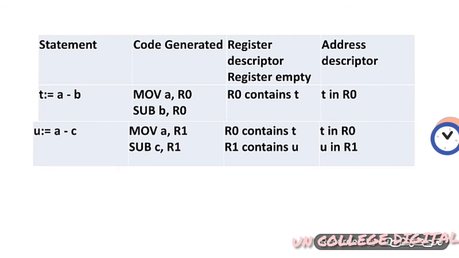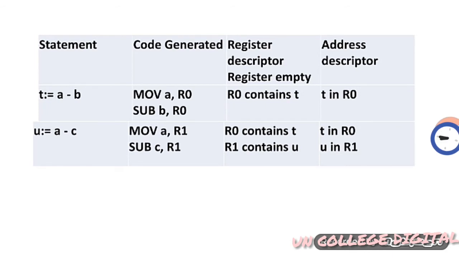Then u equal to a minus c. We know that a minus c is performed twice in the instructions. Here, the first time, we are calculating a minus c, and the code generated is move a comma r1, sub c comma r1. You can see that we have already used r0 and we are not disturbing r0.